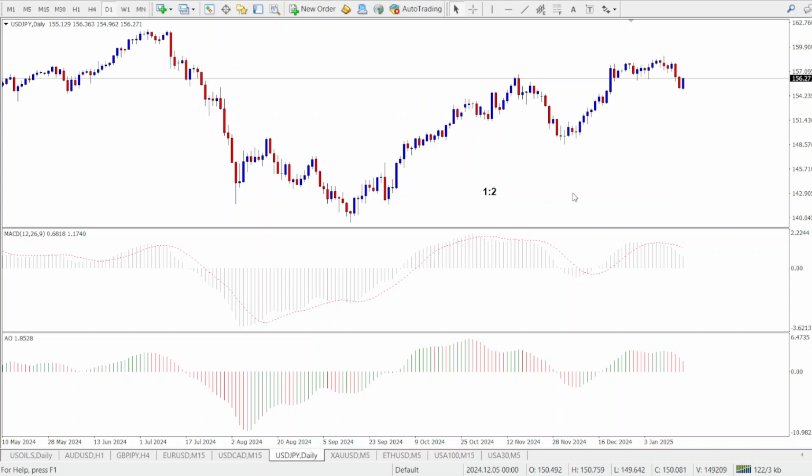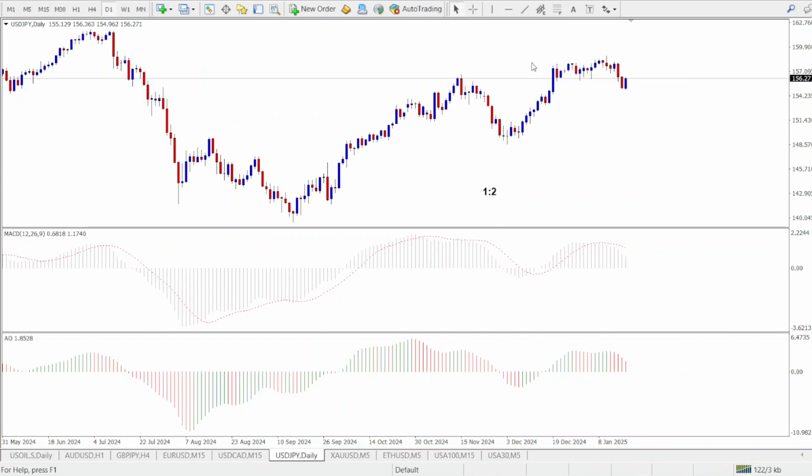Now, as the trade progresses, monitor both indicators, the MACD and the Awesome Oscillator. If the Awesome Oscillator starts to weaken or the MACD crosses back, for example, we can see that here we had a buy signal from the MACD and from the Awesome Oscillator. Then at some point, we actually had a buy trend.